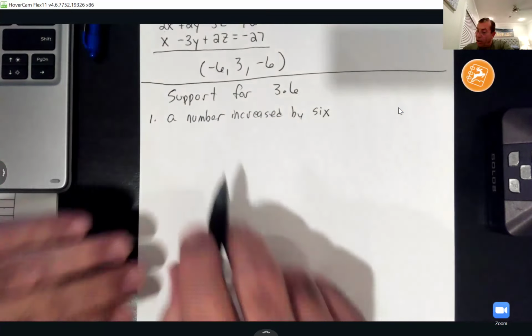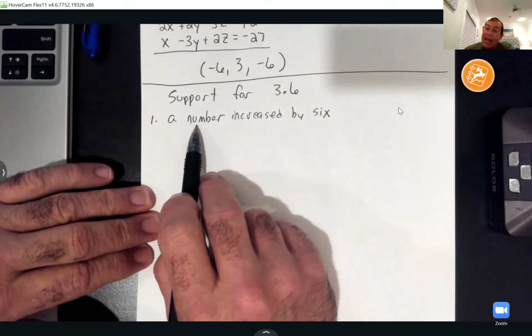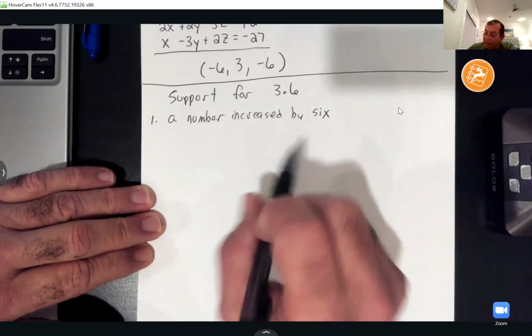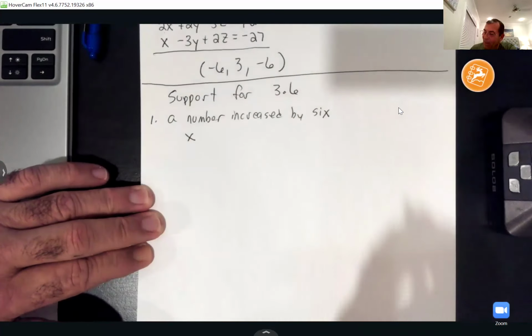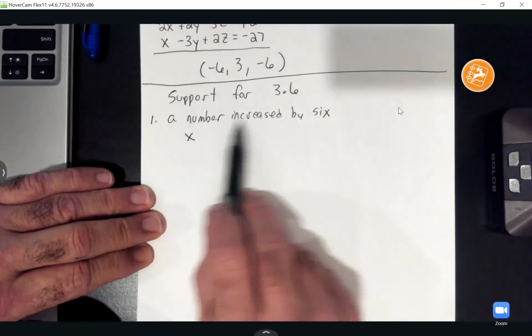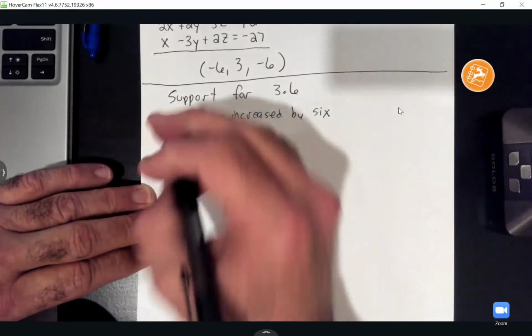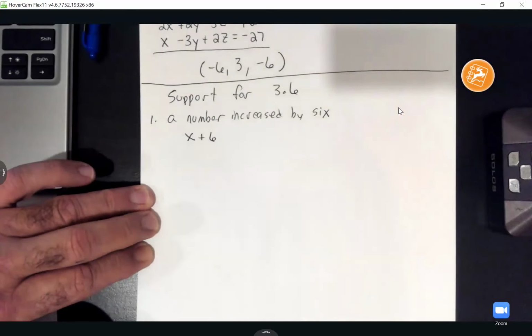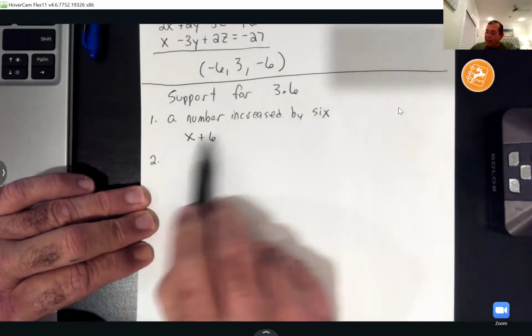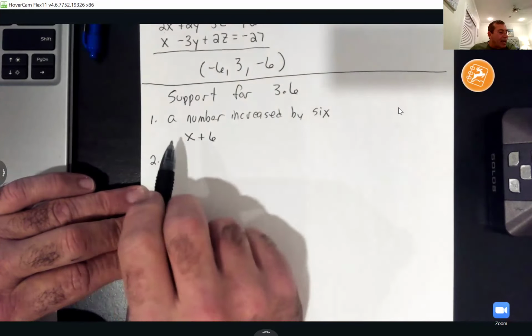So let the number be X, increased by 6. What's that mean? So if I said a number X increased by, plus 6, that's perfect, right? So a number increased by 6, add 6 to the X.